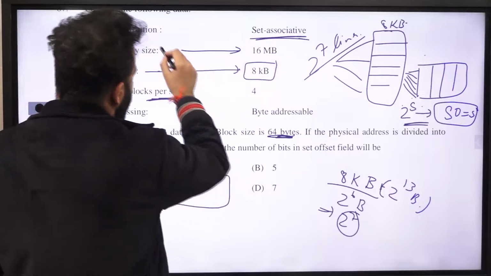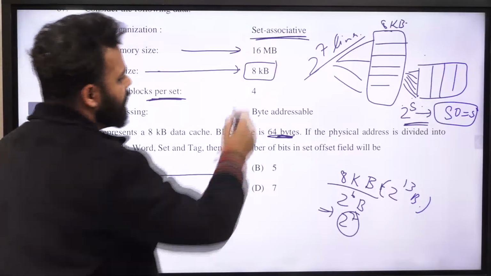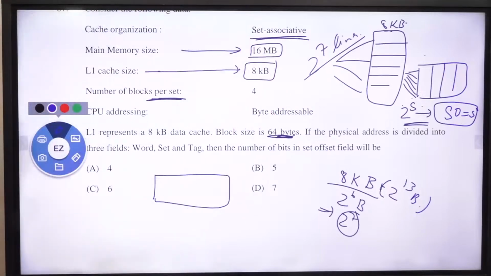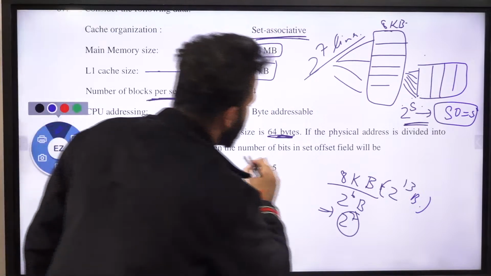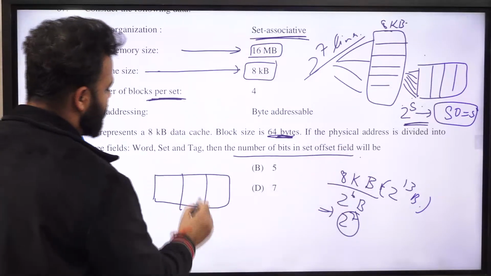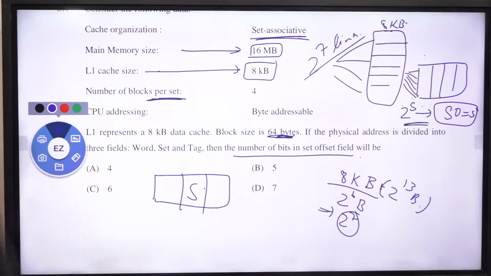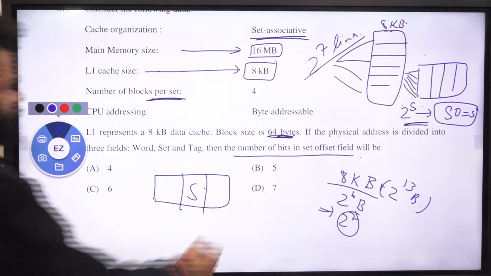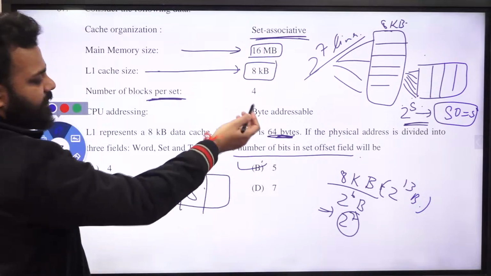Memory size would be important if it were asked otherwise. But it is just asking number of bits in the set offset. So number of bits in the set offset will be 5. If it would have asked what will be the tag field and something like that, then we would have surely required the memory size, because now memory size is not required.